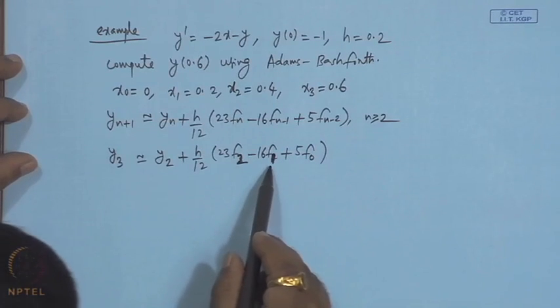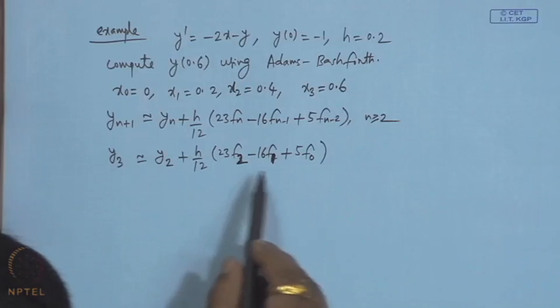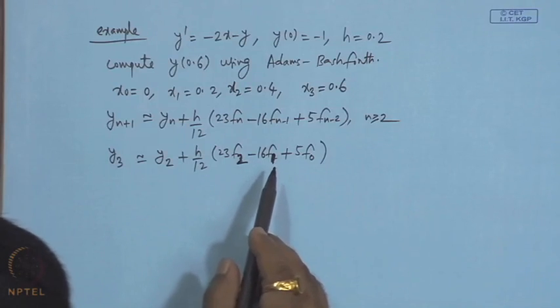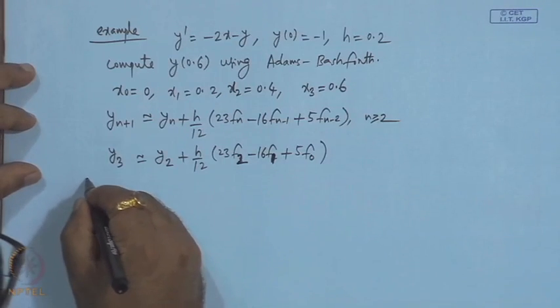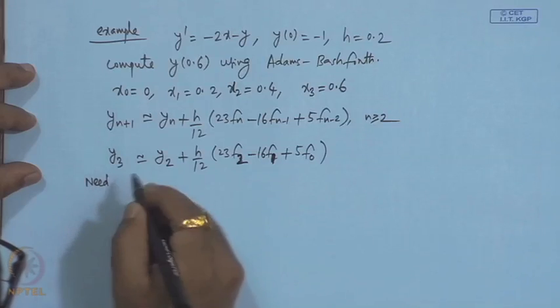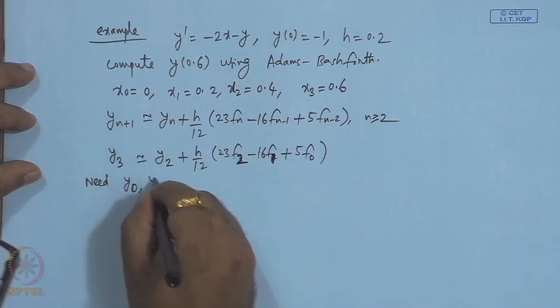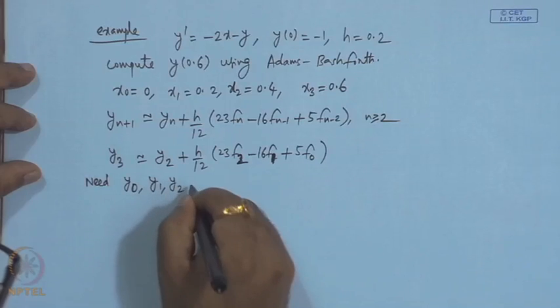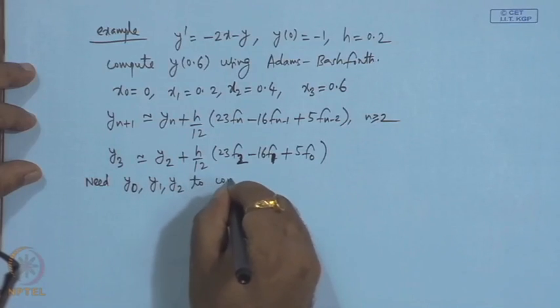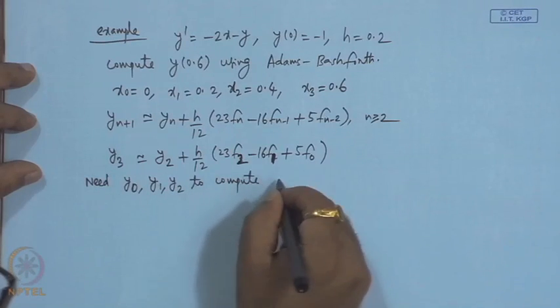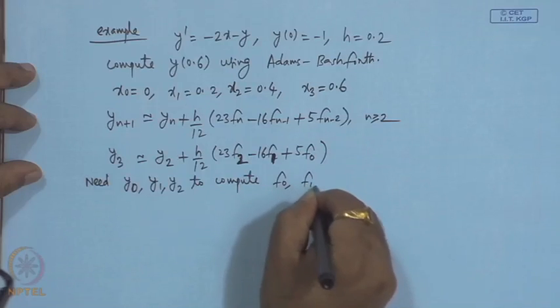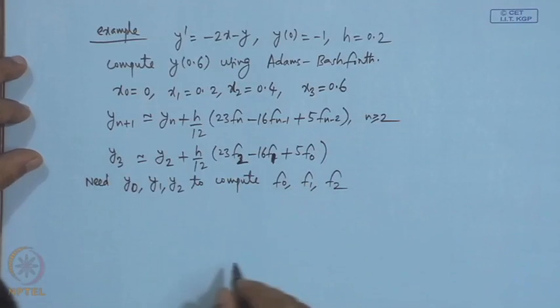To compute f 1 and f 2, we need y 1 and y 2, right. So, remark: we need y 0 of course, y 1, y 2 to compute f 0, f 1, f 2.